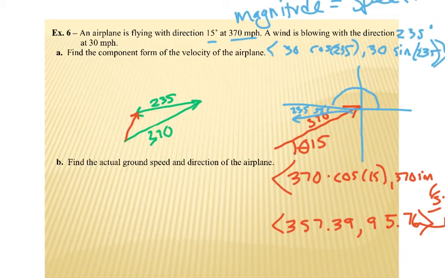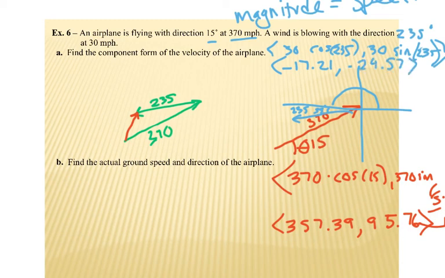Alright, so 30 times cosine of 235 is negative 17.21. And then 30 times the sine of 235 is negative 24.57.